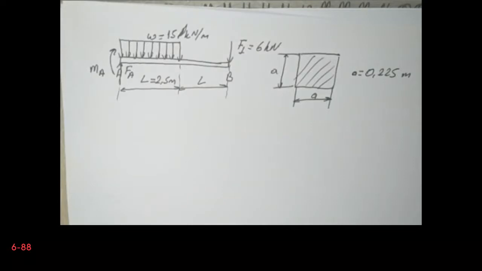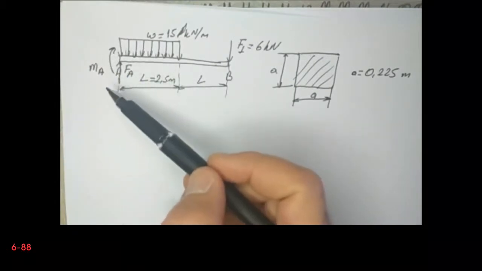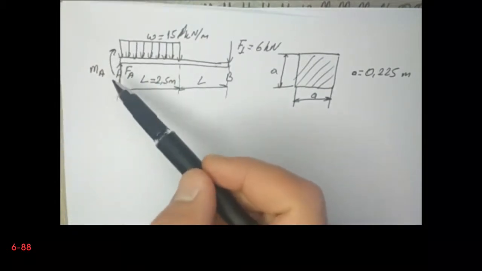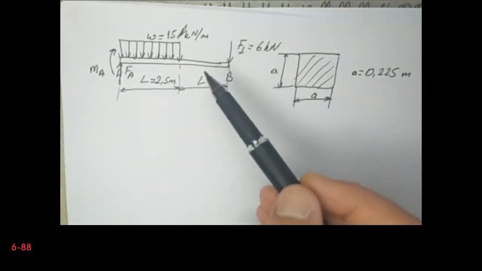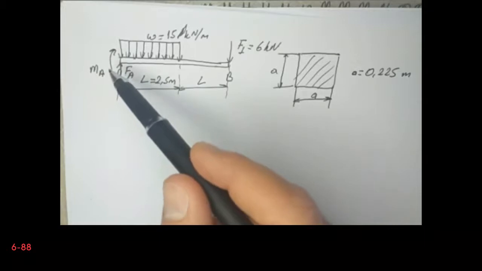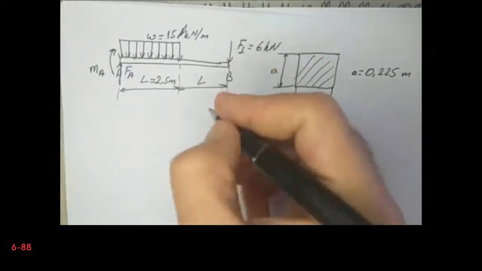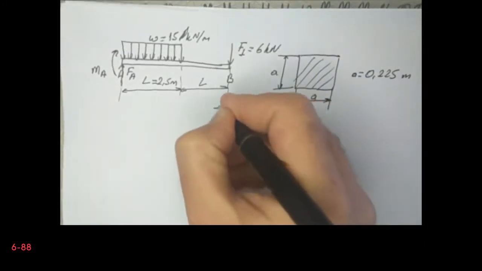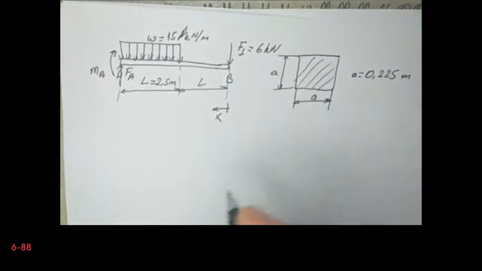In fact, I can begin by calculating the support reactions, because I can cut the structure either from the left or from the right hand side. But in order to avoid the calculation of the support reactions, I put my reference point to the right hand side, and I begin to cut the structure from the right hand side. So let's make the cuts.